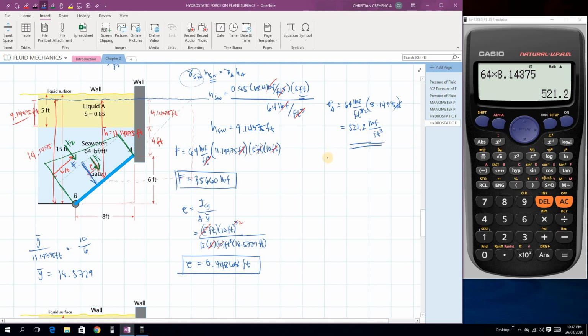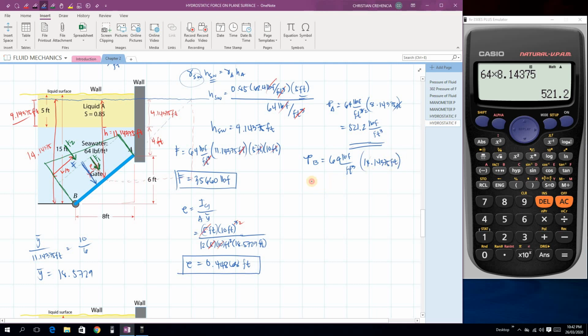Then, yung pressure naman sa point B. So, since mas malalim siya, same unit weight, 64 pound force per cubic foot, multiplied by, hanggang ilalim, pinakailalim from the new liquid surface natin hanggang sa ilalim sa point B is 14.14375.